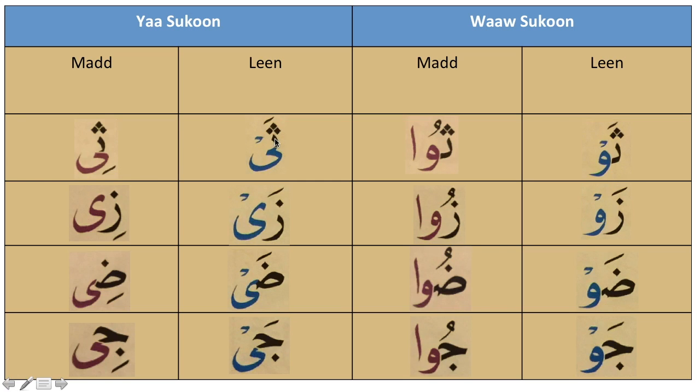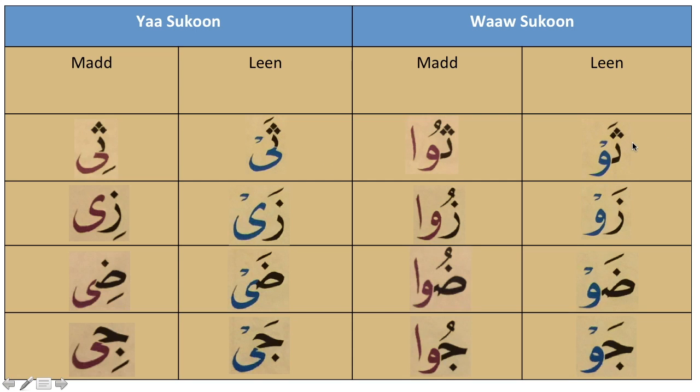So this is thay. And this is tha kasra. This is thi. And then a ya, which is e. So this is a double movement or elongation equal to two movements. So this is thi. This is thay. And this is thi.